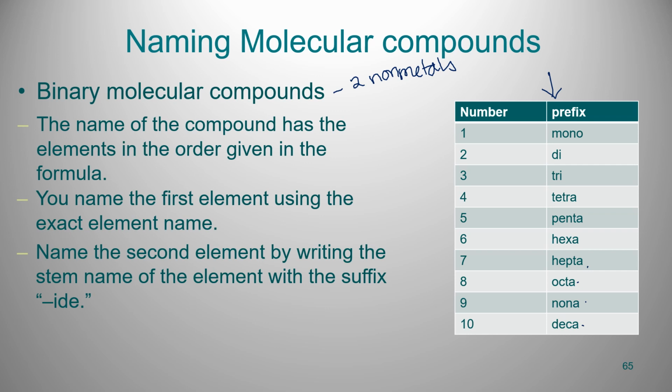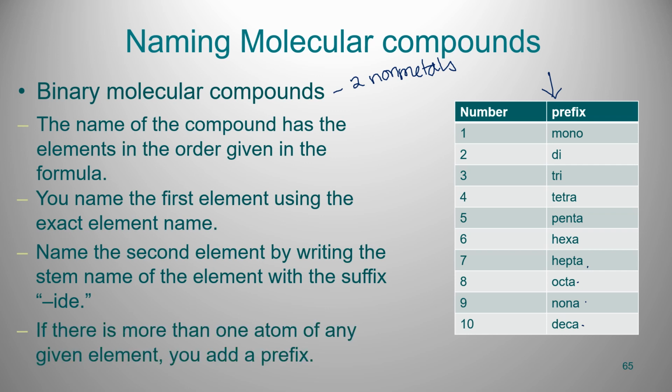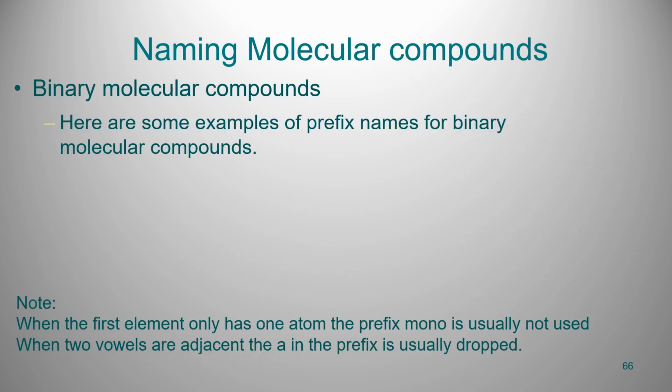But we have to use a prefix to indicate how many of each element there are. So if there's more than one atom of any given element, you have to add a prefix. Let's look at some examples. SF4, sulfur tetrafluoride. If you don't know which system to use, find sulfur, find fluorine.